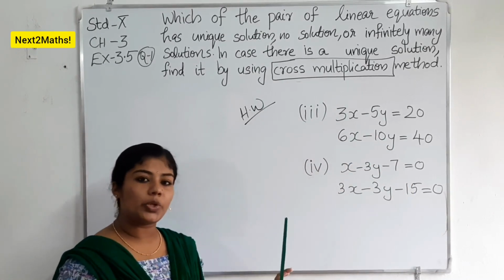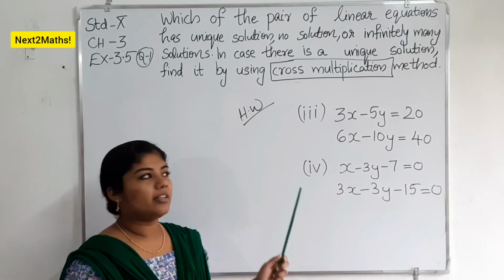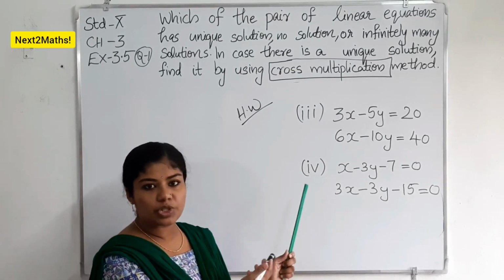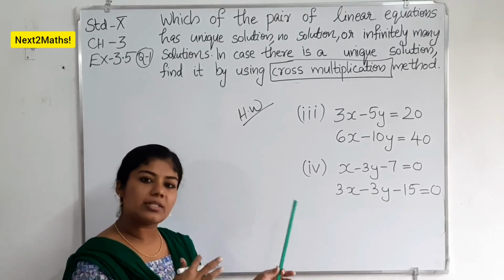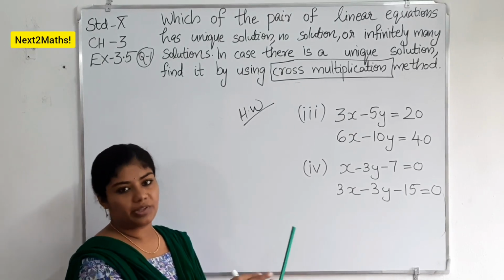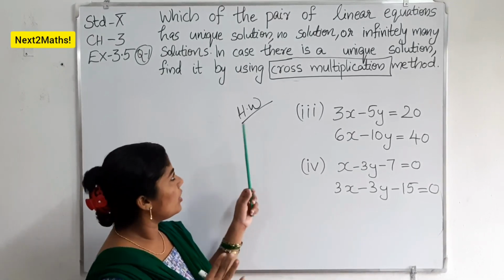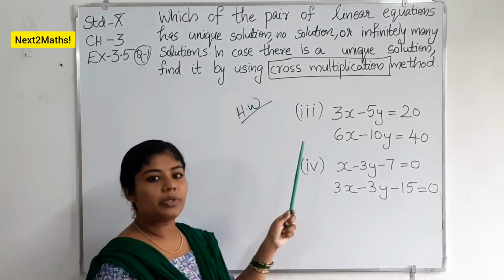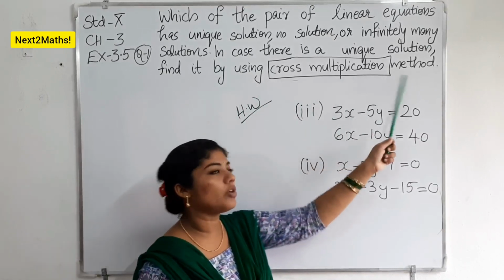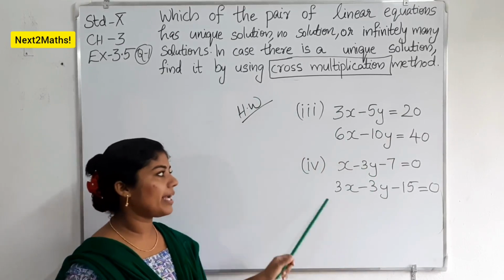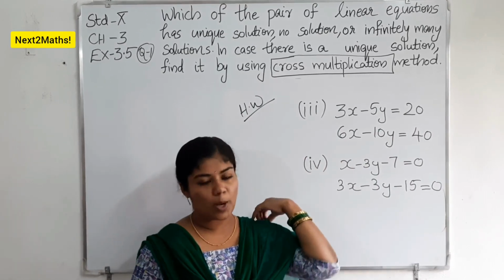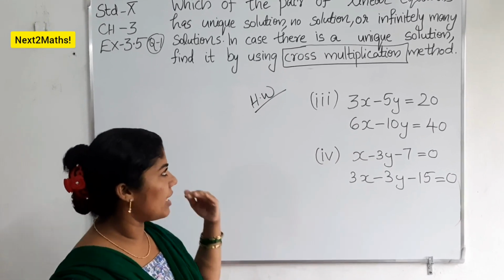If you are not getting a unique solution, suppose you are getting infinitely many solutions or no solution like that, you are just concluding that our pair of linear equations has no solution or infinitely many solutions. No need to find. Only if there is a unique solution are we finding it by the cross multiplication method. So all of you try this third and fourth problems. Then understand the concept.